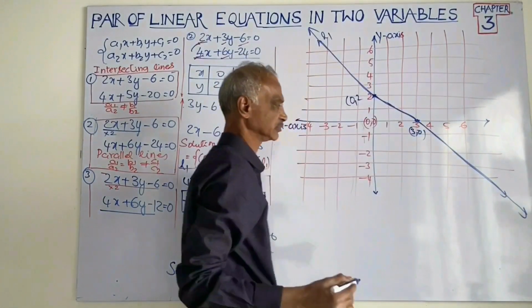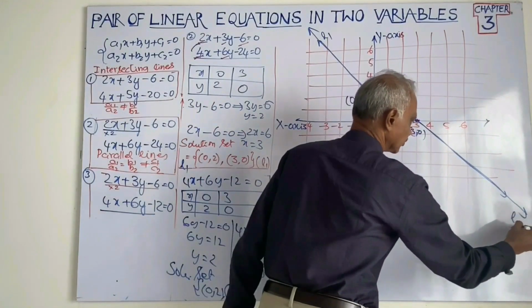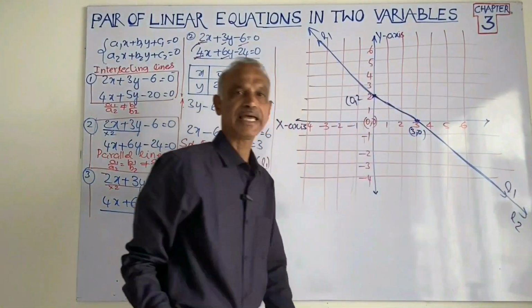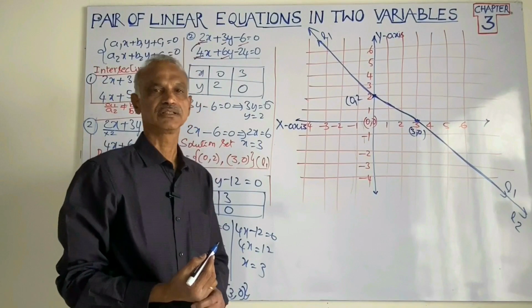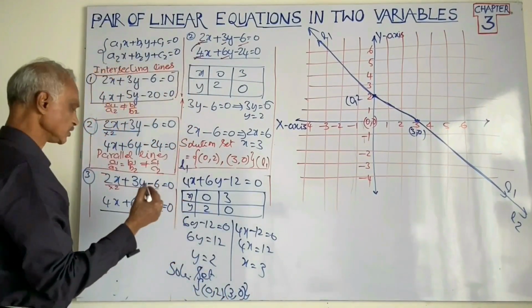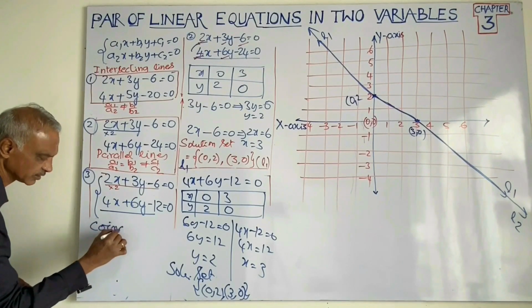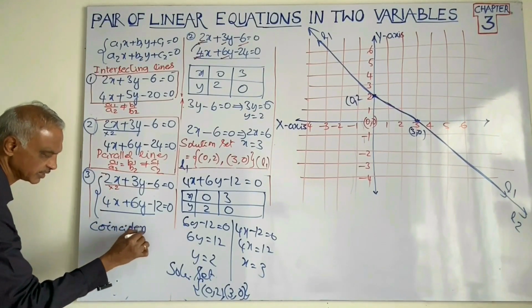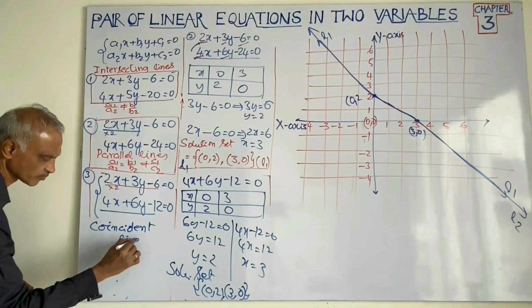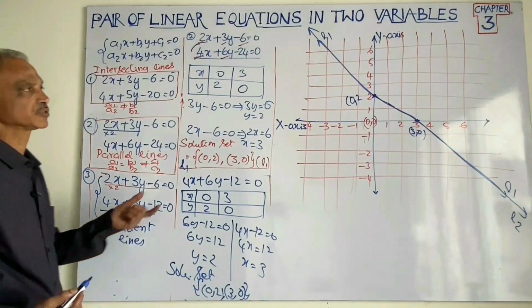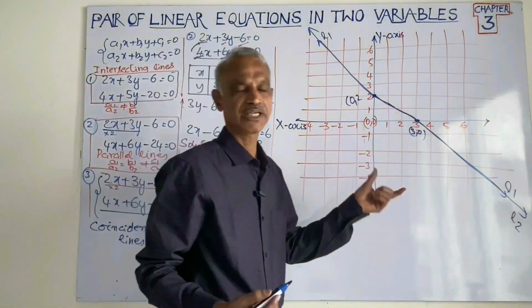same line. This is L2, this is L1. L1 is coinciding with L2. These are coincident lines. What is the solution of these two lines? Infinite solutions.